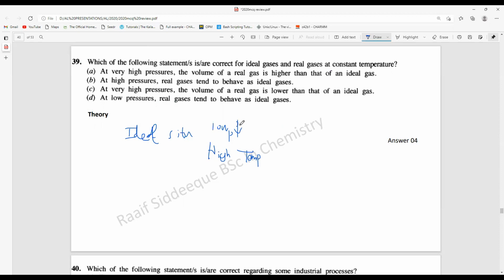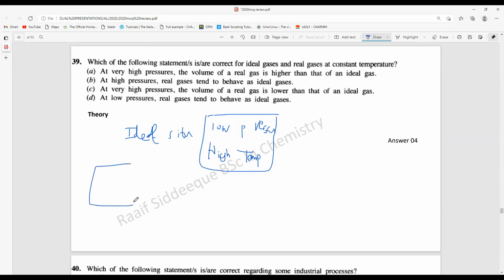Pressure is low, temperature is high. So this is the normal ideal situation, right? Any real gas at very low pressure and higher temperature would behave very close to the ideal situation, right?